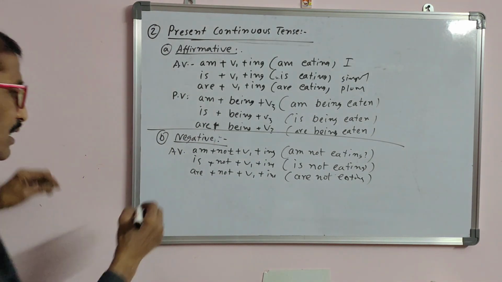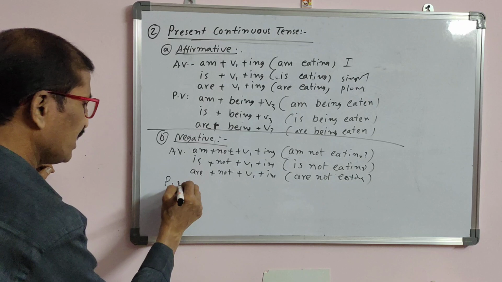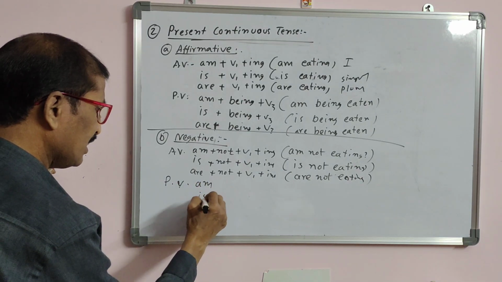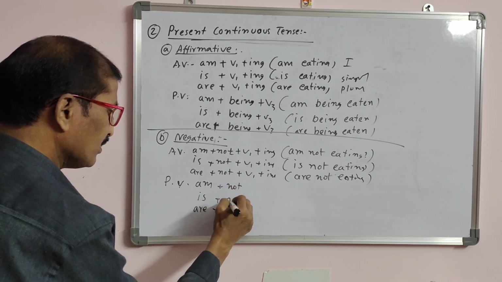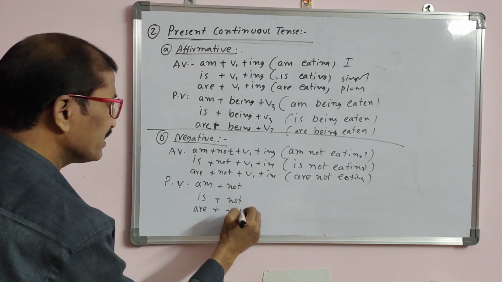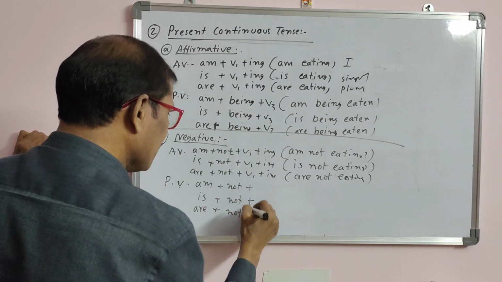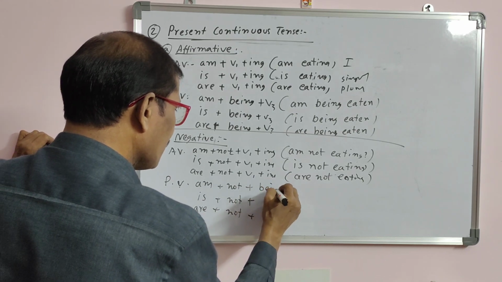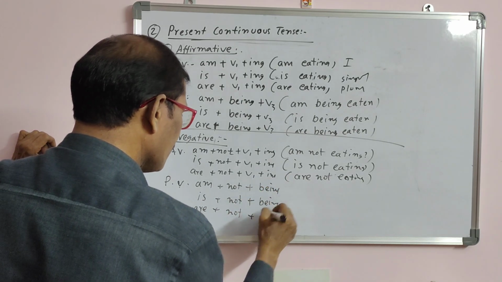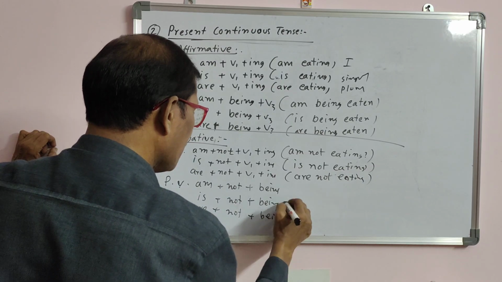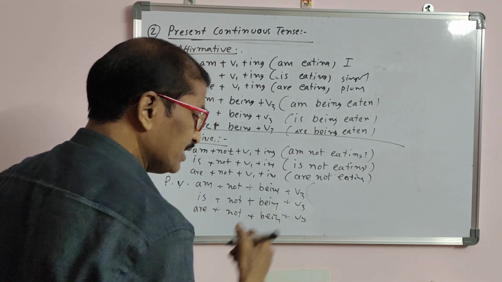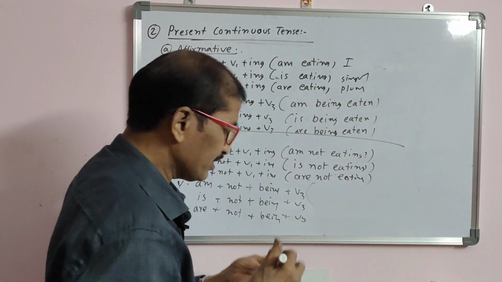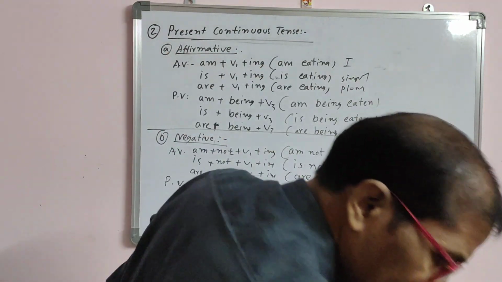Okay? And passive voice, of course, is the same thing. Am, is, are plus not. Passive voice, again, same thing, plus being plus V3. I am tired of writing again and again. I think you can understand them, but don't worry, I write them.